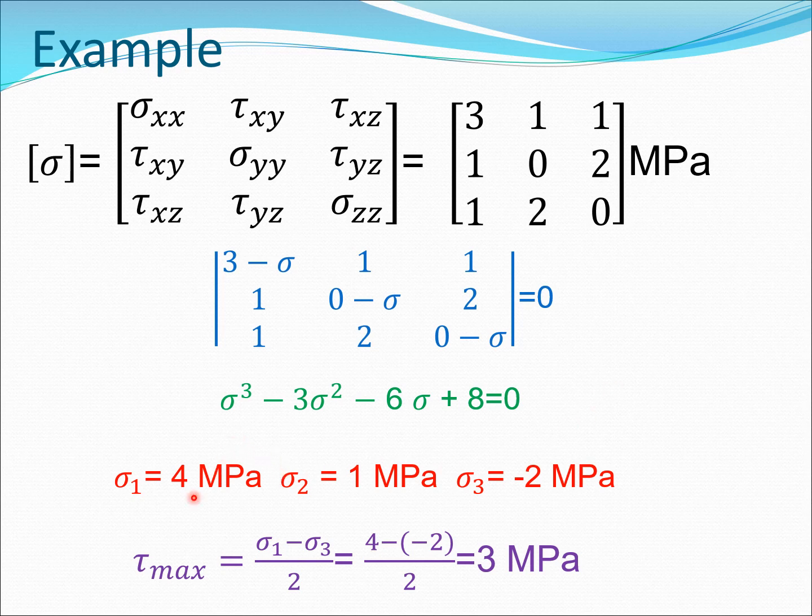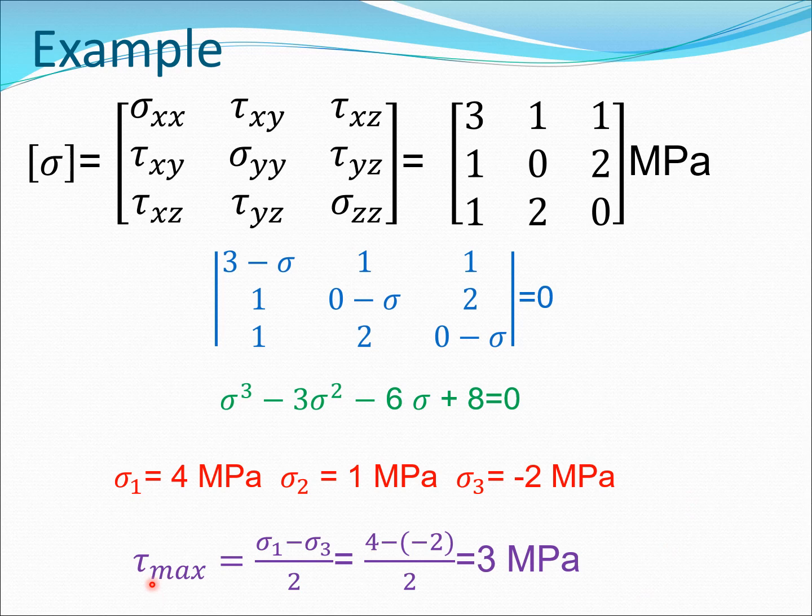So now in this case what happens is that there are three eigenvalues, and what I have to do is order them in this manner such that sigma 1 is the highest and sigma 3 is the lowest. So you clearly see sigma 1 here is 4 megapascal, sigma 2 is 1 megapascal, and sigma 3 is minus 2 megapascal. So sigma 1 is greater than sigma 2 is greater than sigma 3. So once you obtain the different sigmas, you have to label them in this manner such that the value which is largest is given by sigma 1 and the value which is smallest is given by sigma 3.